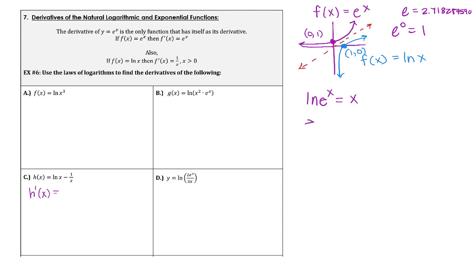Also, e raised to the natural log of x is just x. Still, it looks intimidating, but it's really just that. And you could be asked to find the derivative of e to the natural log of x squared. Well, that just simplifies down to x squared, and the derivative of x squared is 2x.